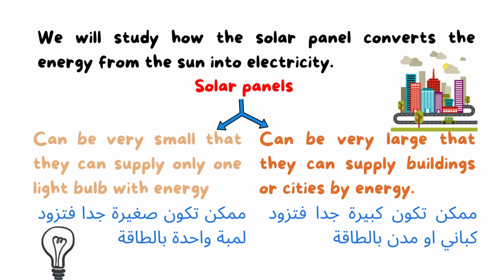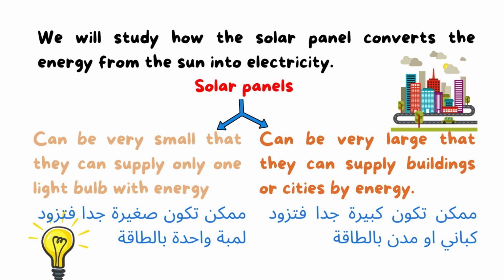A solar panel can be very small or very large, okay? We have very small solar panels. They can supply only one light bulb with energy, as in the example of the calculator, okay? This is a small solar panel.